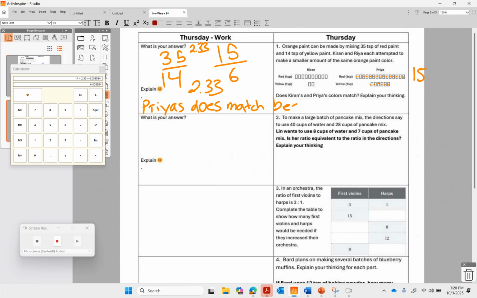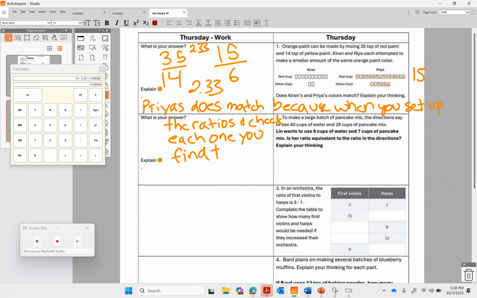Because when you set up the ratios and check each one, you find that she is dividing by 2.33333333.